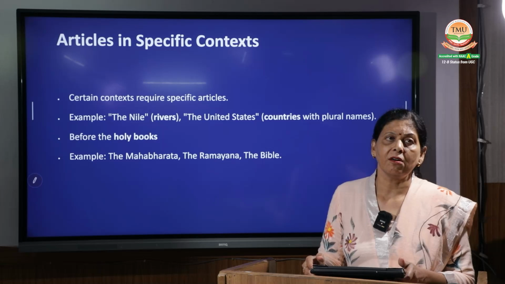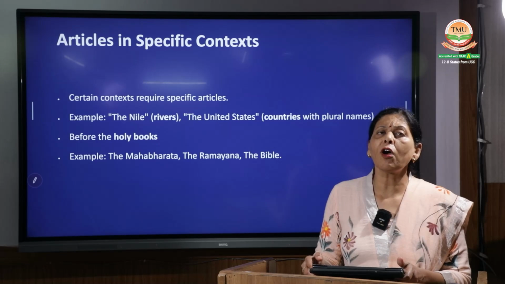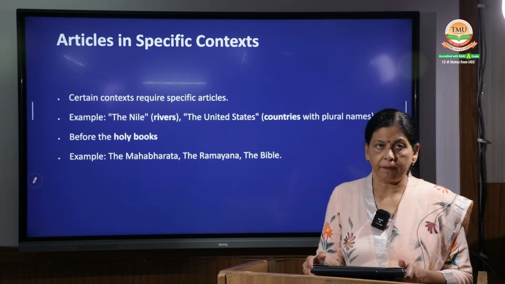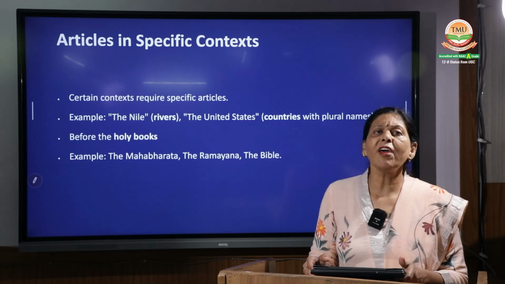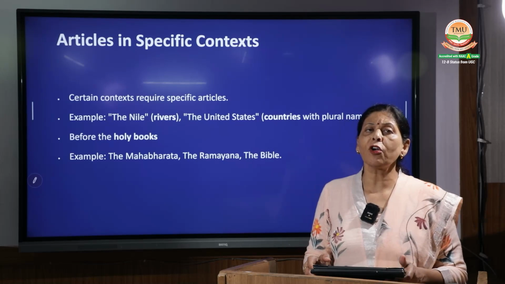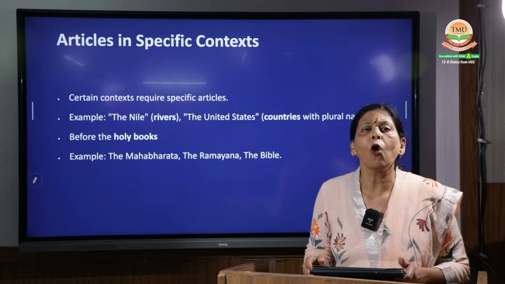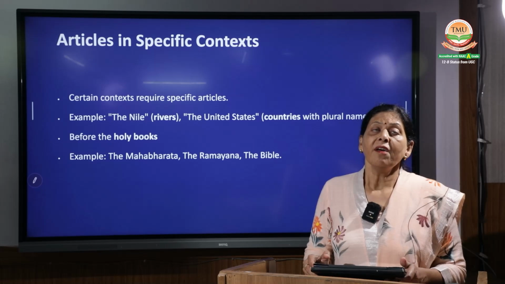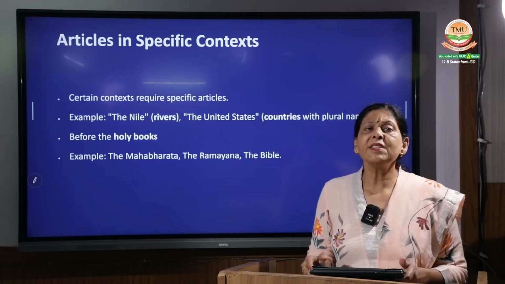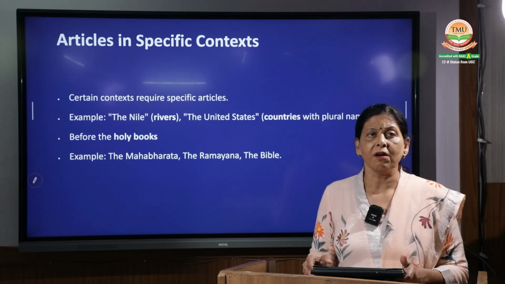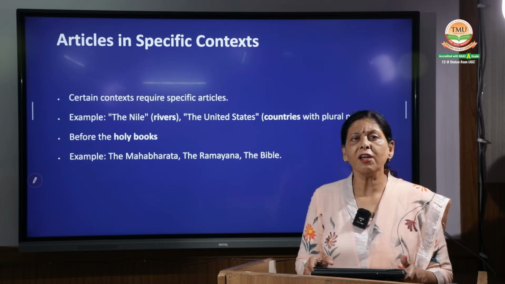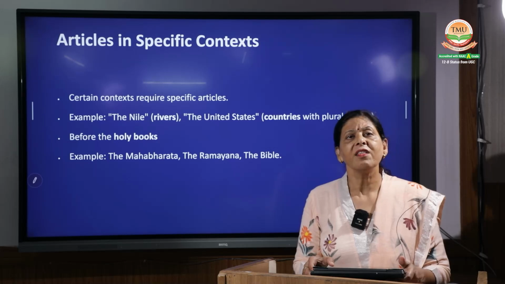We write the. But when we simply talk about America, we never use the. Okay, the Andaman and the Nicobar Islands. So when we are talking about a group of islands, we always use the in front of them. Then rivers: in front of rivers, we use the word the. That is the Yamuna, the Brahmaputra, the Nile.